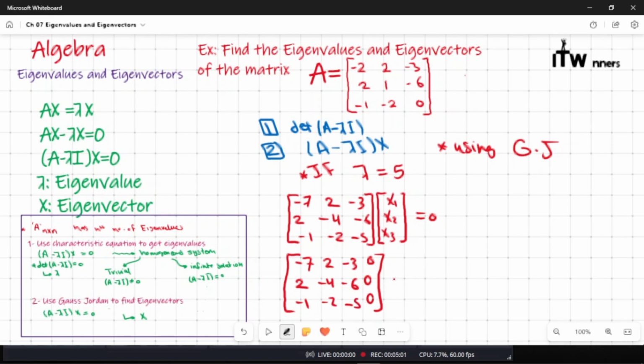Okay, this will make row operations, and this will lead to vector x1 equal to alpha into this vector 1, 2, -1.